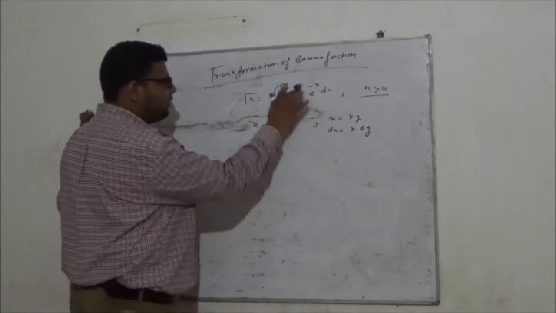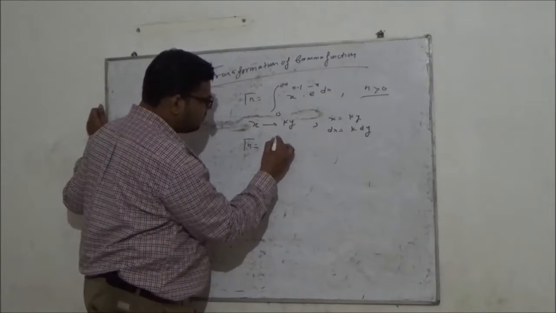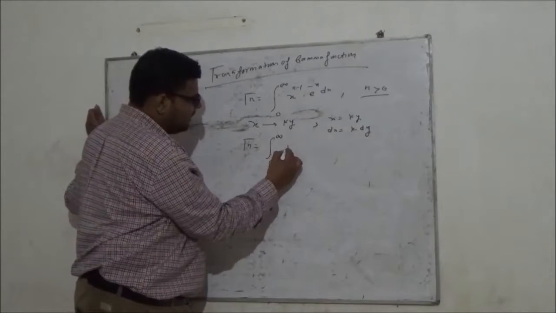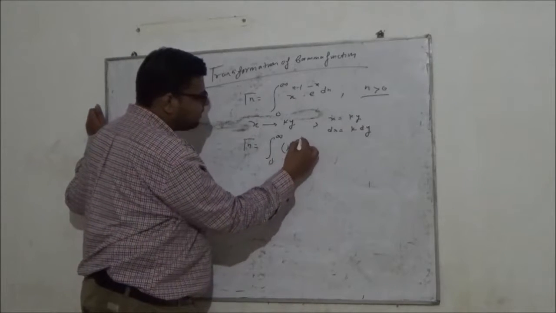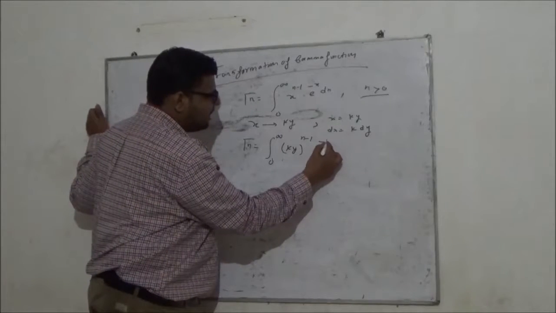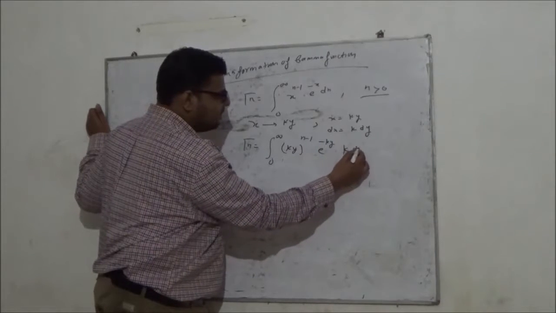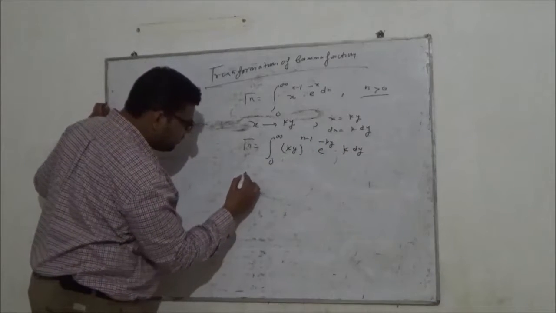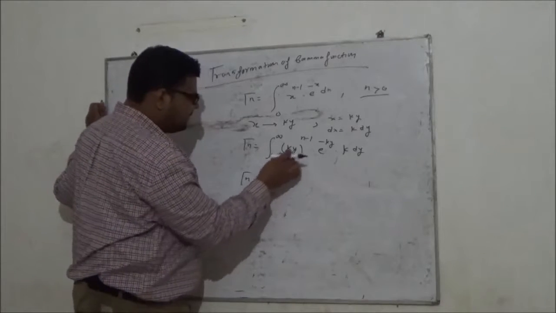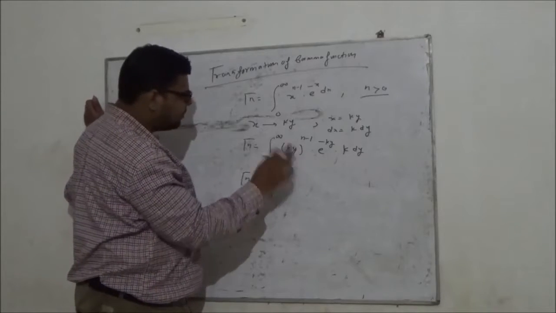So what will happen here? It will become gamma n is equal to integration from 0 to infinity. We are replacing x by ky, then (ky) power n minus 1 dot e power minus ky, and dx is k dy. This is a product, so it can be done in two parts.